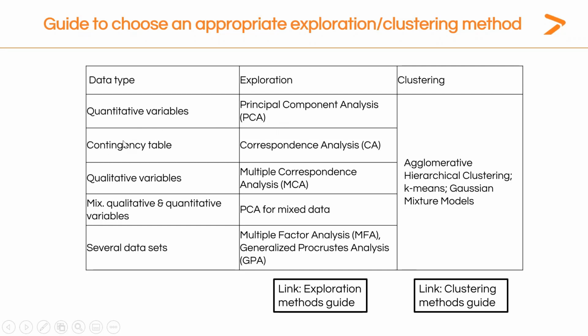If you have a big crosstab or contingency table, you can explore it using correspondence analysis. Now, correspondence analysis is also quite used in marketing when you want to map the relationships between imagery statements and the relationships between products and superimpose the two maps.